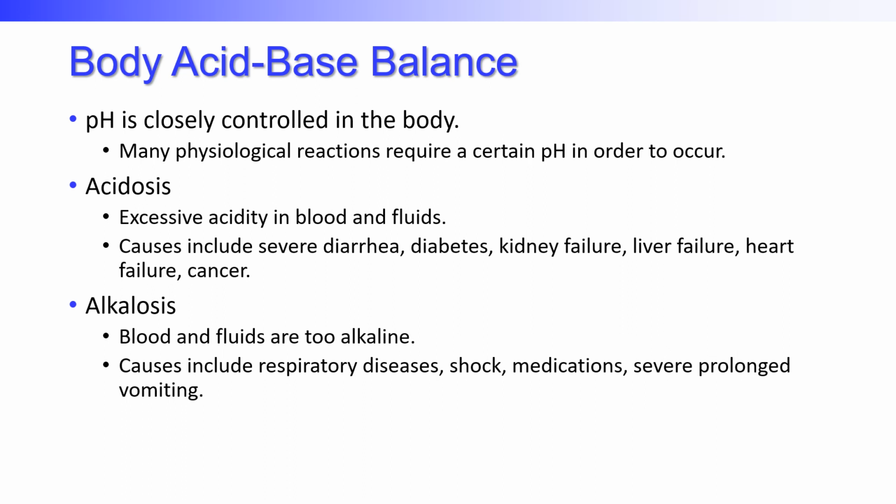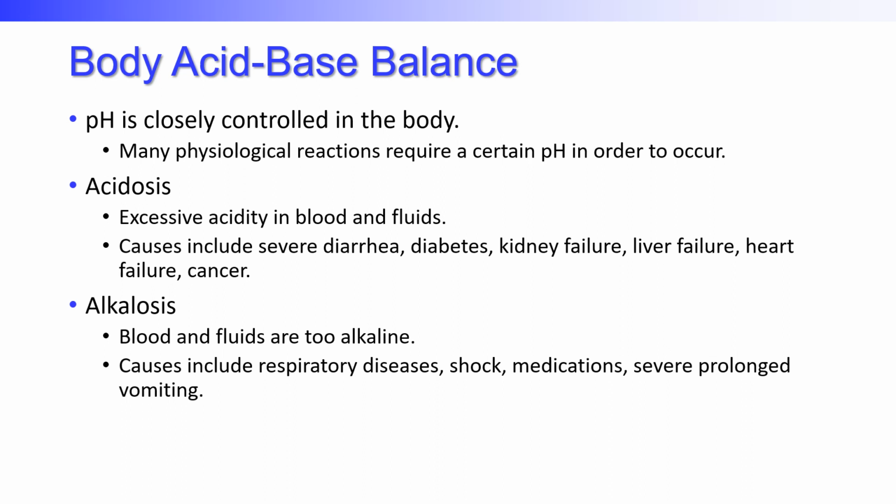Now, when we find pH is slipping out of those bounds, we can either end up with a condition called acidosis or alkalosis. Acidosis, as the name implies, is when you have a condition where the body has become excessively acidic.